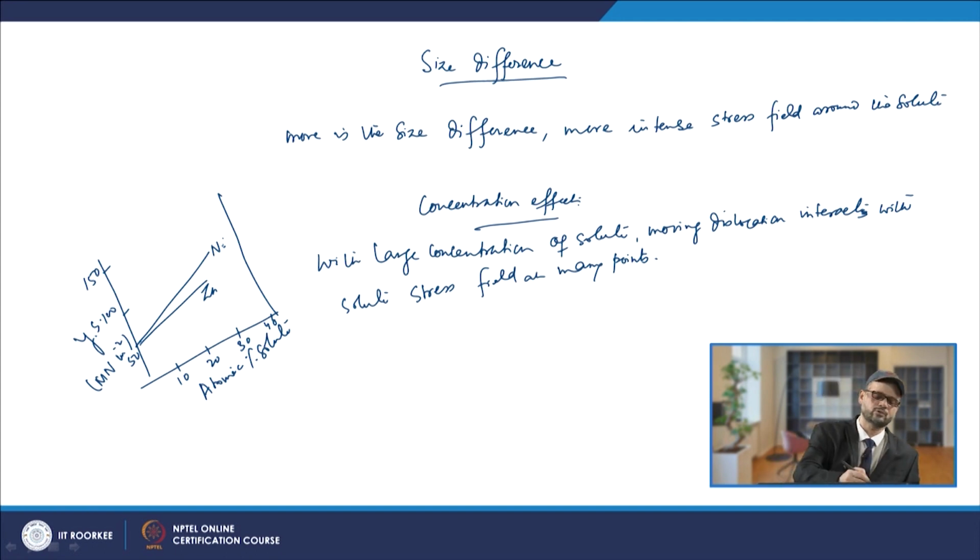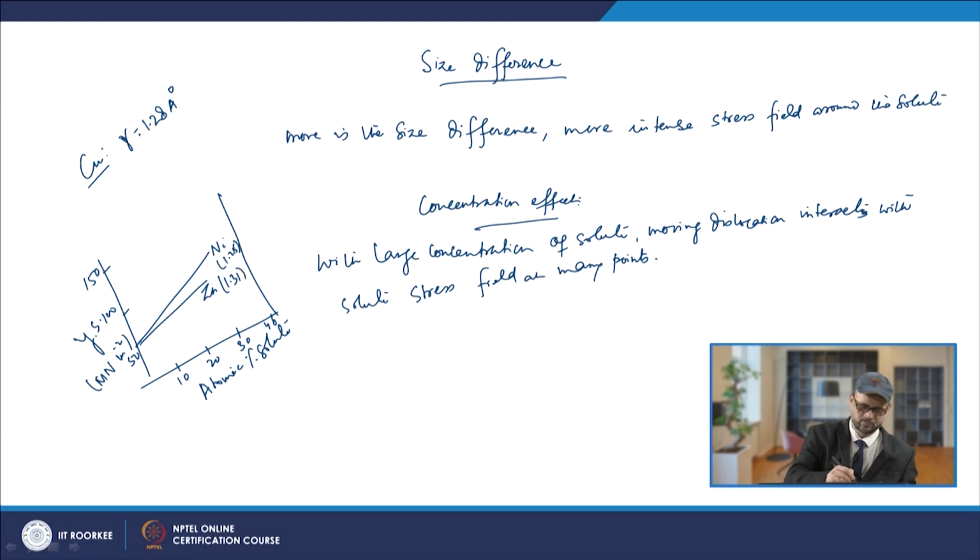If you talk about copper, its radius is about 1.28 angstrom. The other atoms, like zinc and nickel, suppose zinc has 1.31 and nickel has 1.25.